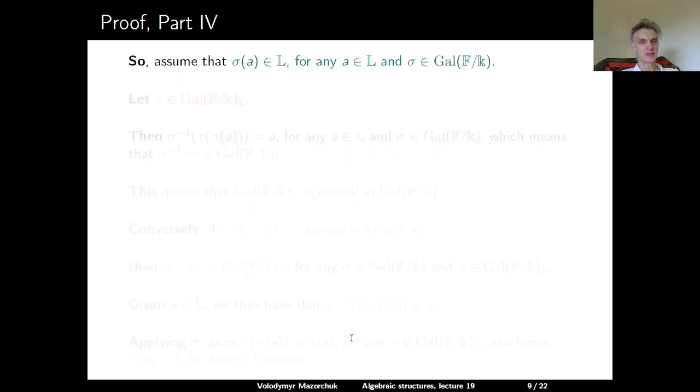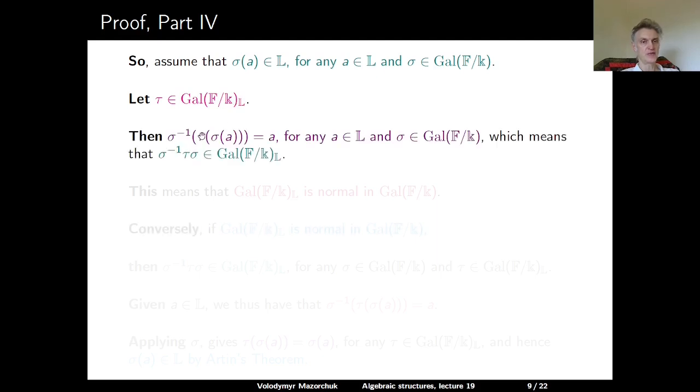So, let us first assume that for any element a in L and any element sigma in the big Galois group, sigma of a belongs to L. Let tau be an element in the stabilizer subgroup of L in the big Galois group.